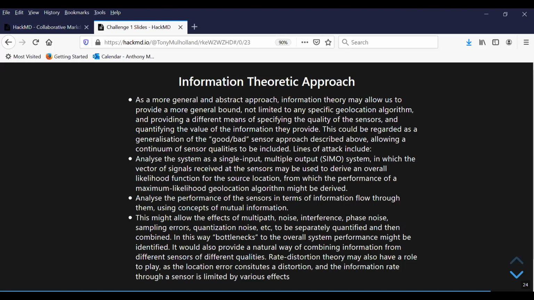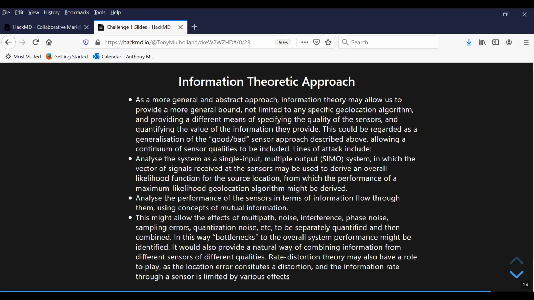So one line of attack is to analyze the system as a single input, multiple output, a SIMO system, and we can derive an overall likelihood function, which again isn't dependent on the algorithm. Of course, this isn't totally unrelated to the Cramer-Rao bound approach anyway.